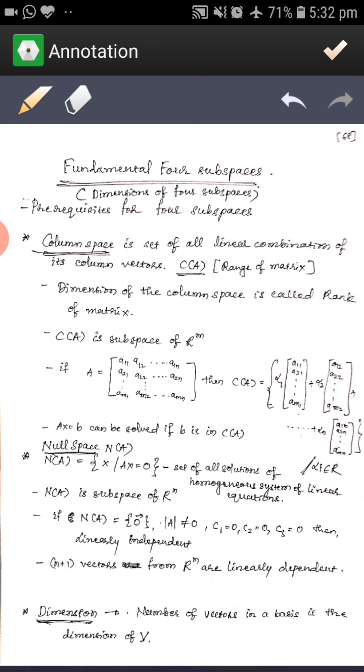Already we know what we mean by column space. The column space is the set of linear combinations of the column vectors.